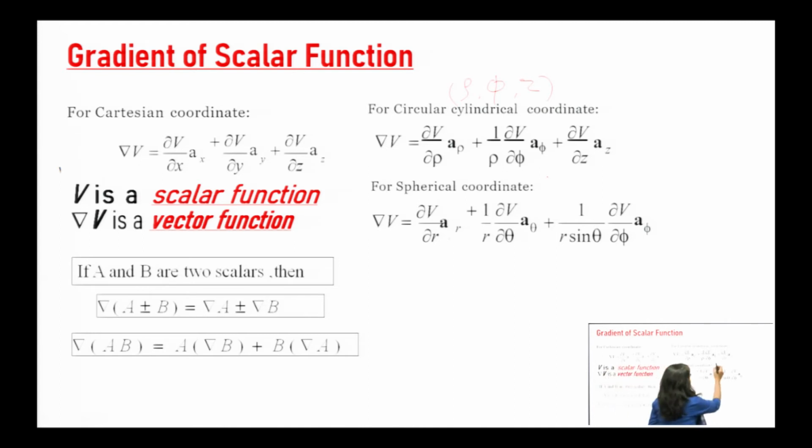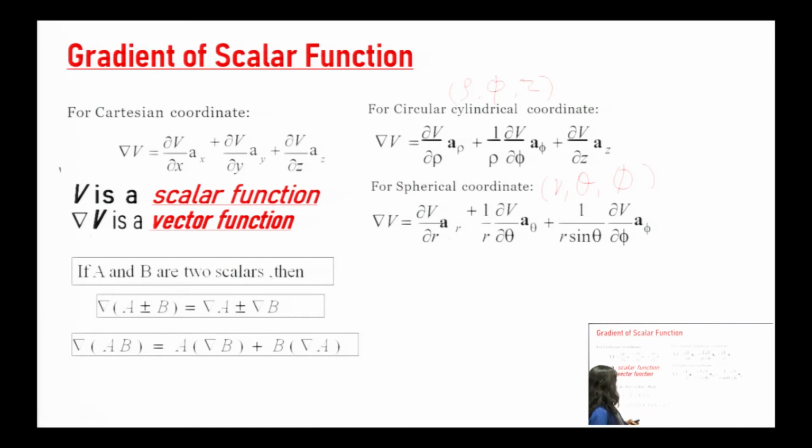Because any point or any vector can be defined in spherical coordinate with the help of r, theta and phi, where r is the radius of the sphere, theta is the polar angle and phi is the azimuthal angle. So this is all about gradient. One thing should be noted here that V is a scalar quantity, however gradient of V, that is del V, is a vector function.